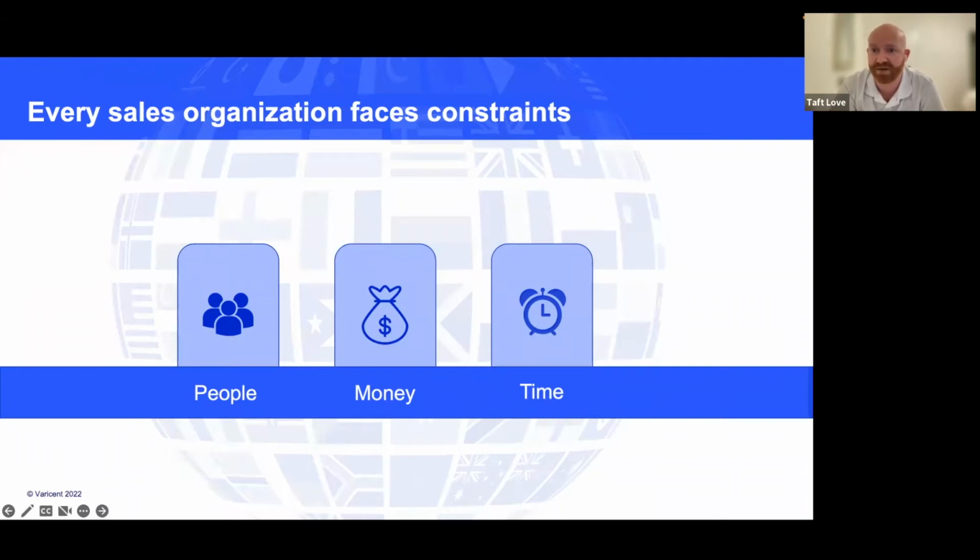And account scoring is very similar. Every hour your highly paid AE spends, on whom you expect a 3x return, working on an account that would have been scored out of their view is really 4 times the value you pay them in terms of opportunity cost. So, giant cost to getting this wrong.